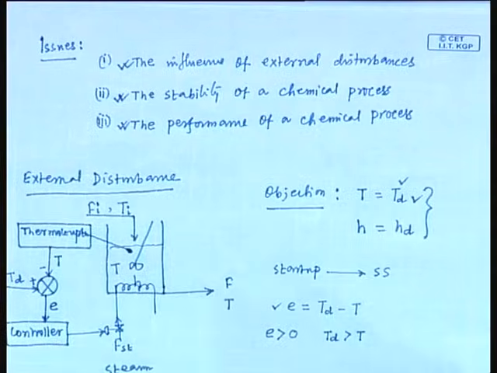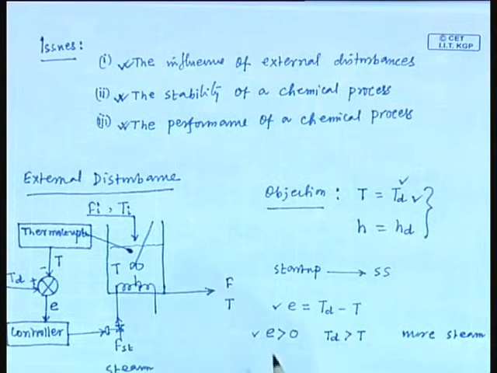So, what is required of the controller? Yes, the controller will increase the Fst. So, it is required to increase the steam flow rate, that means more steam is required to flow through the control valve. This is one case.